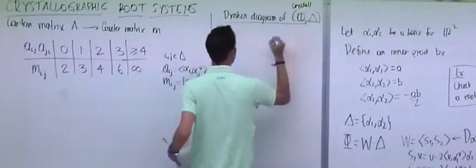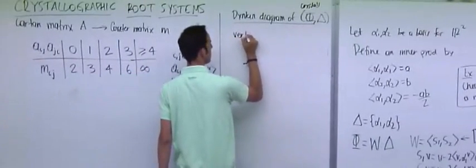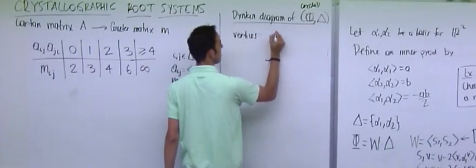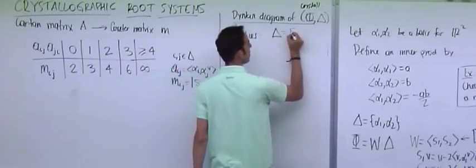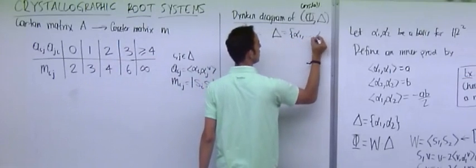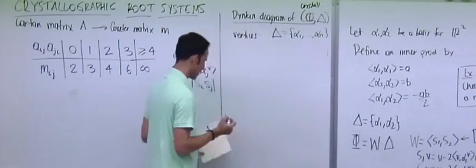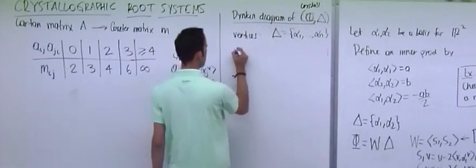So the Dynkin diagram is going to look like this. The vertices are going to be the simple roots. We call them alpha 1 up to alpha n. Okay? And the edges are going to look like this.